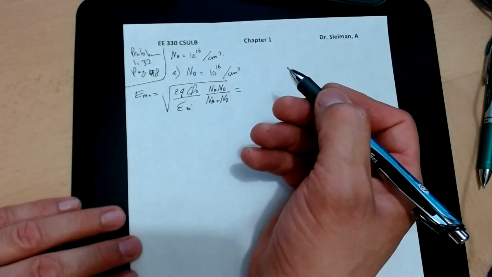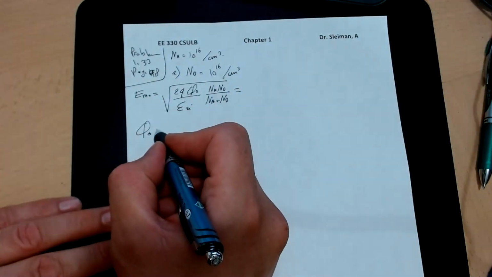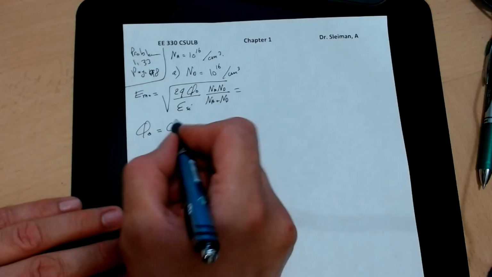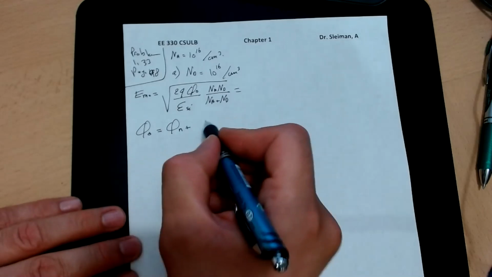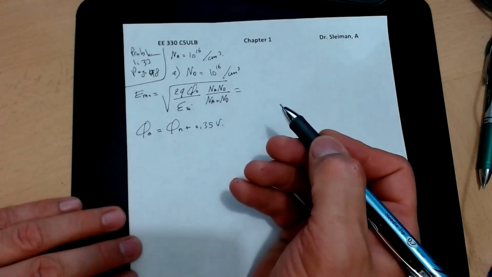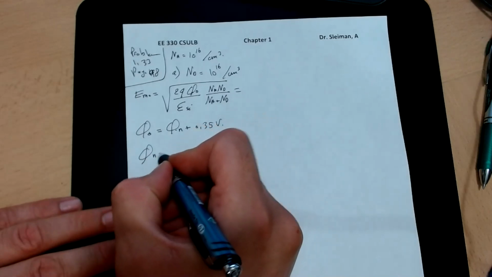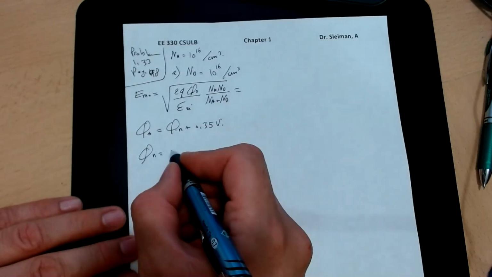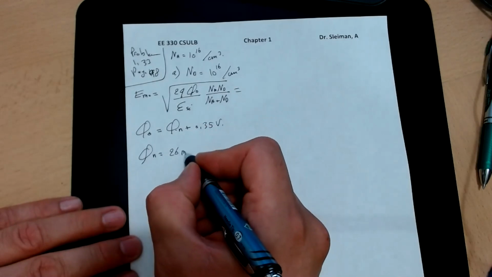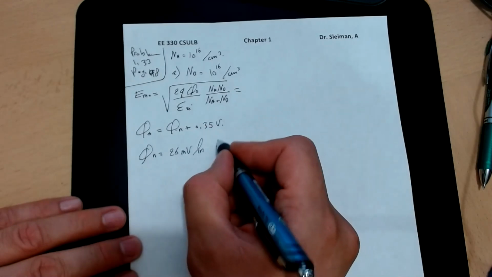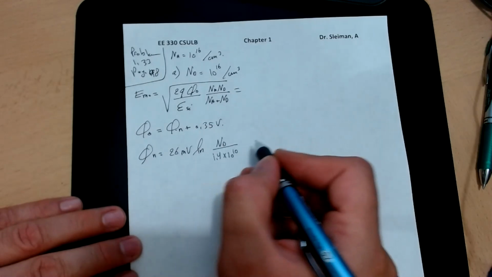So in this term, we need phi 0. So phi 0 is equal to phi n plus 0.35 volts. We need phi n. Phi n is equal to 26 millivolts times ln of ND over ni, we already have 1.4 times 10 to the power 10.